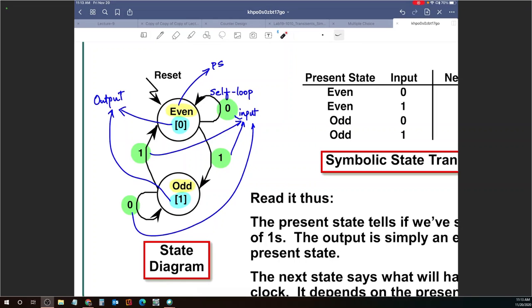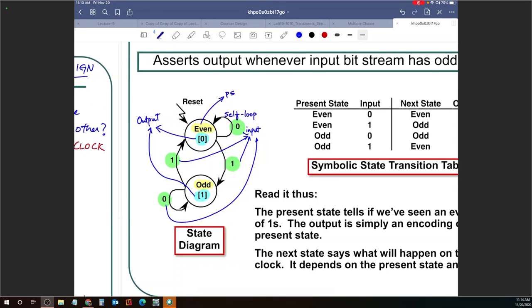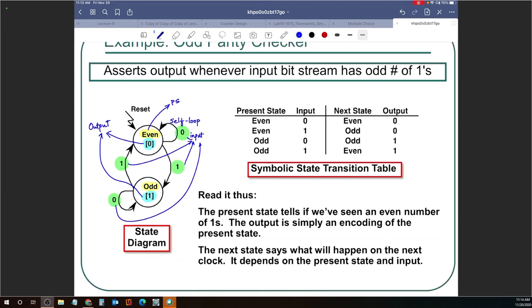So output depends on the state. Hold on. Output depends on a state, right? Output is written in the state. Output depends on the state.